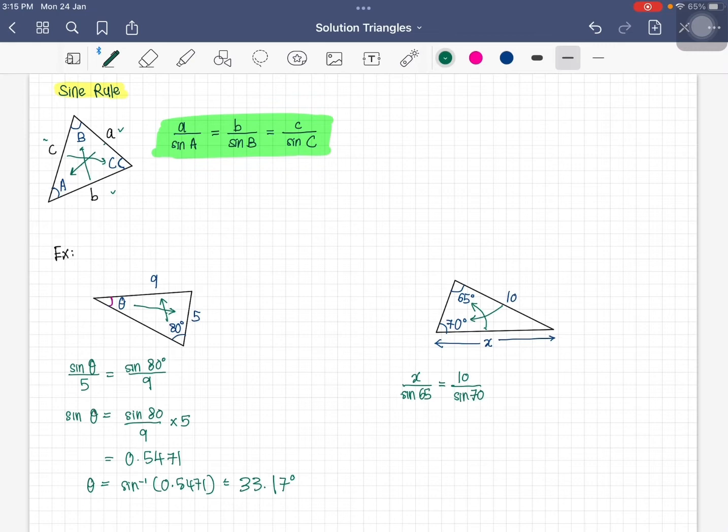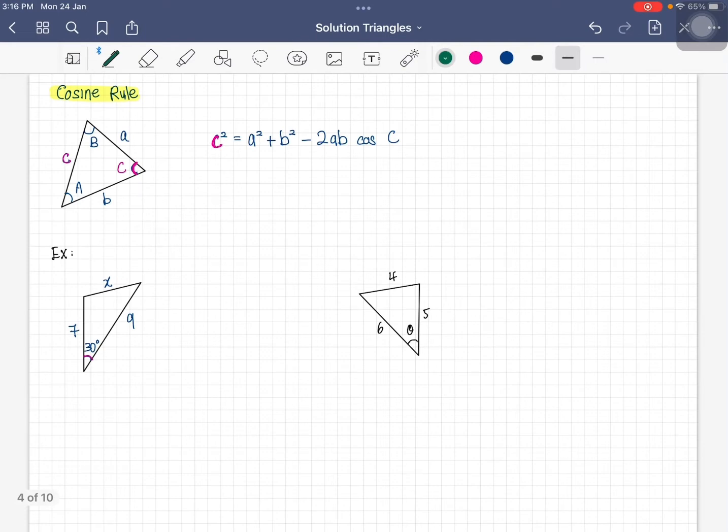Therefore x is given by 10 divided by sine of 70 multiplied by sine of 65. I get x as 9.645 centimeters, or it can be written as 9.64 centimeters. I obtained this using the sine rule. That's how you use the sine rule for finding either the angle or the length.